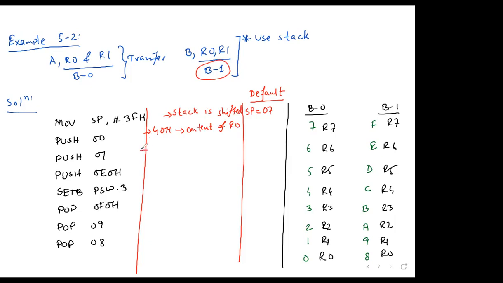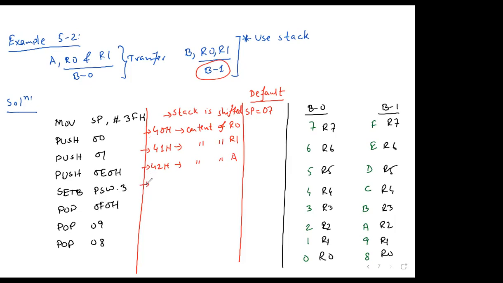In this next one, what will happen? 41. 41 will contain the content of what? R1. Exactly, R1. Then in this instruction, what will happen? 42. 42H will contain the content of A. Exactly, right.